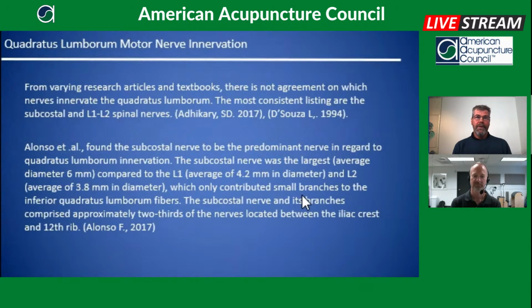There are 3 primary motor entry points that we know of, with the biggest one, the go-to one in my mind, being the one that the subcostal nerve innervates. Let's go to the next slide, because it does show some research.